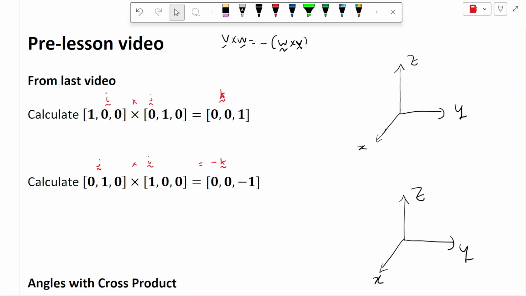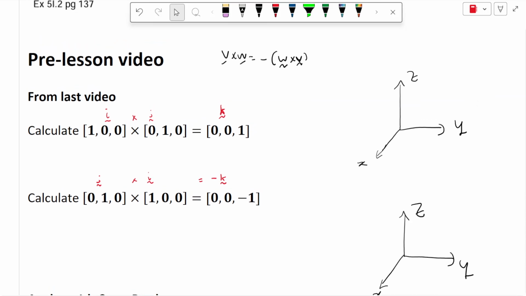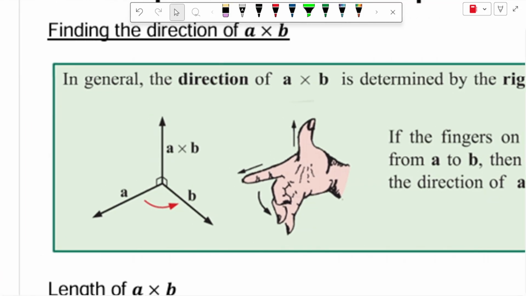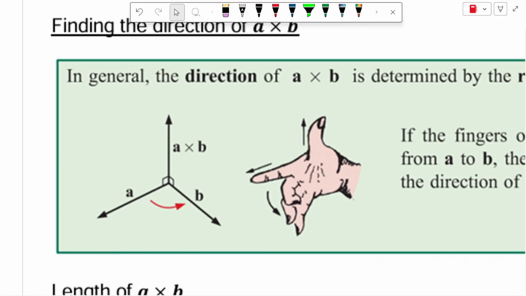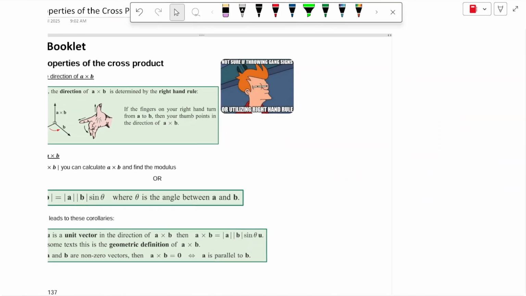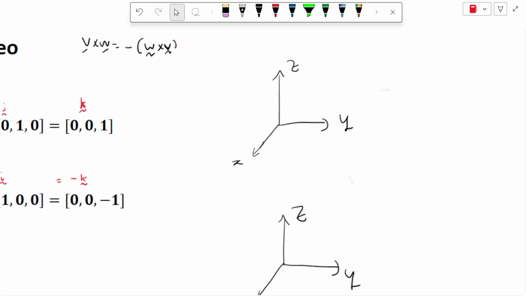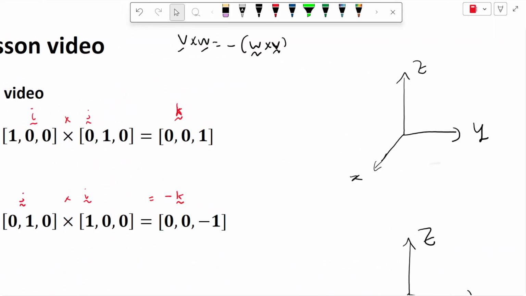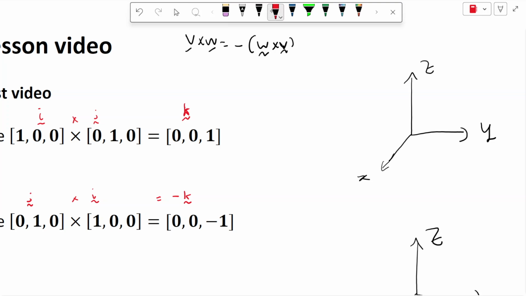Okay, so we use something called the right hand rule to figure out which way it goes. Basically, you put your pointer finger out to the first vector, your middle finger to the second vector, and then whichever way your thumb goes is the correct direction for the cross product. So if we look at the vector i, that's going to go out here, and then the vector j goes out there.